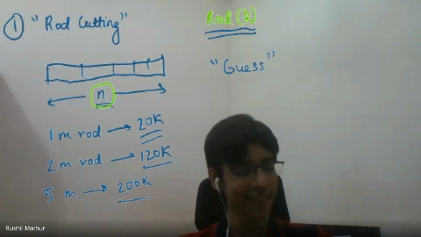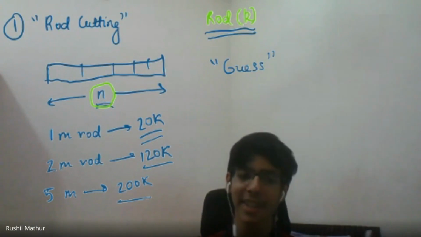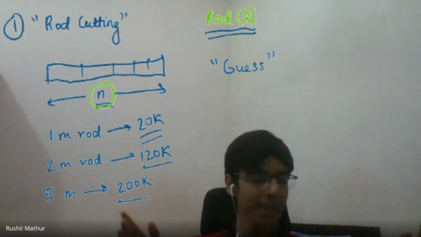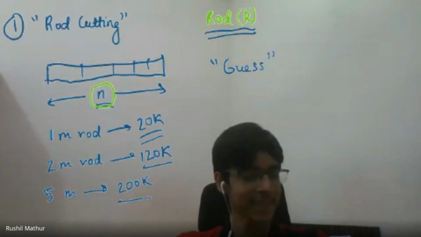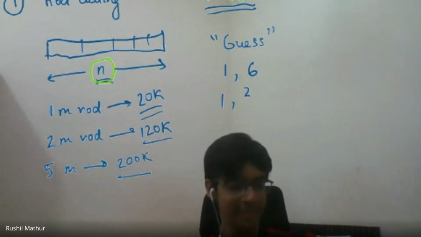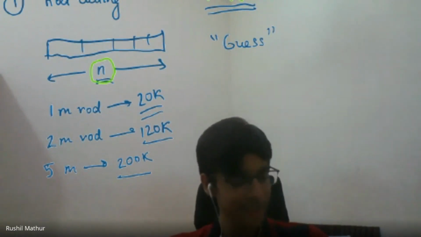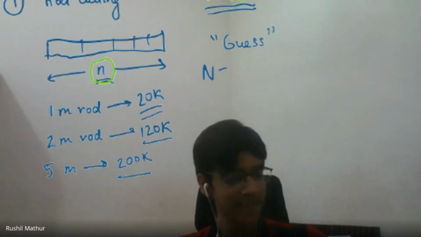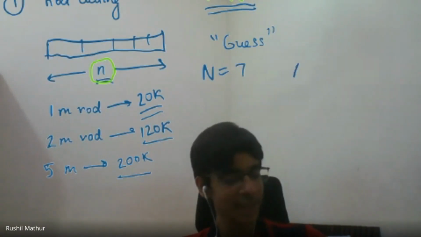Let's say n was 7, and the first time you tried partitioning it into 4 and 3.